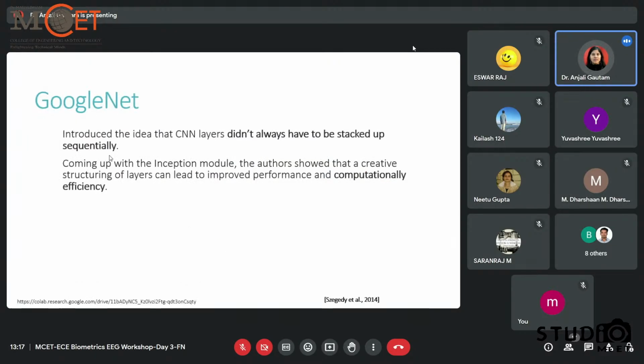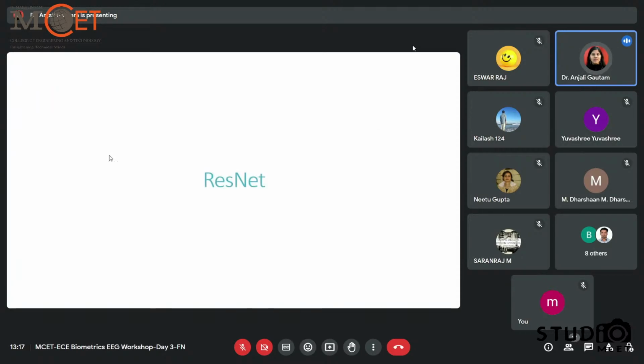So basically you don't have to work in a sequential way. You can also design your model in your own way. If you think the algorithm you have developed is fine, then you can design it and get even better results than GoogLeNet as well. Now there comes the other architecture also, that is ResNet.